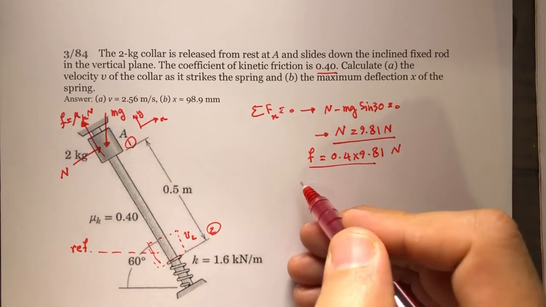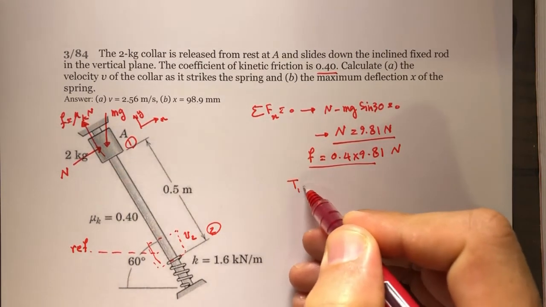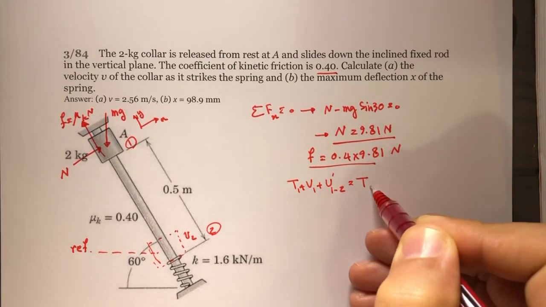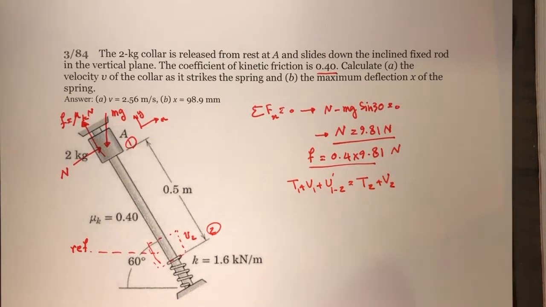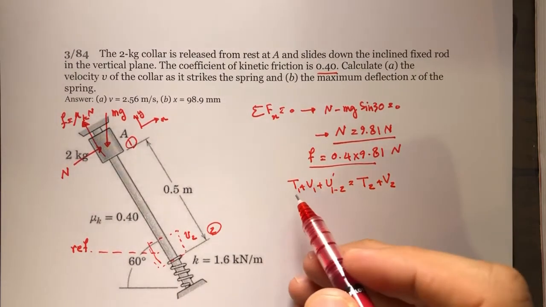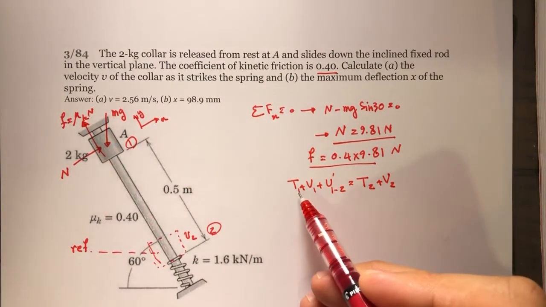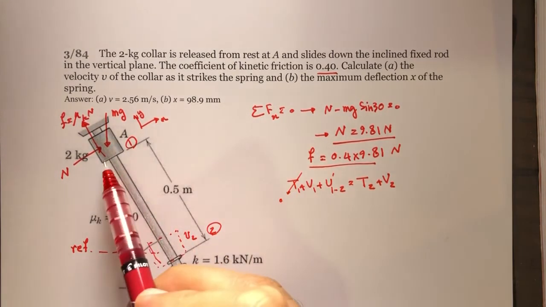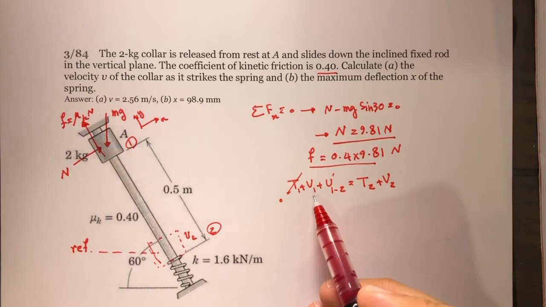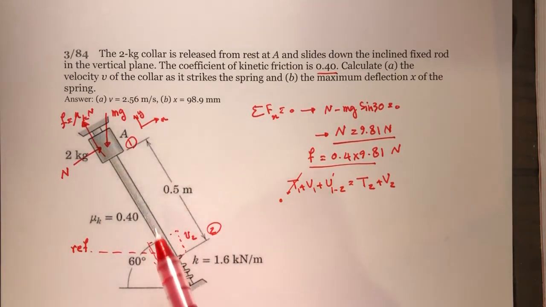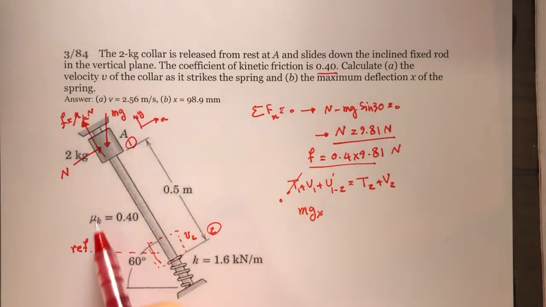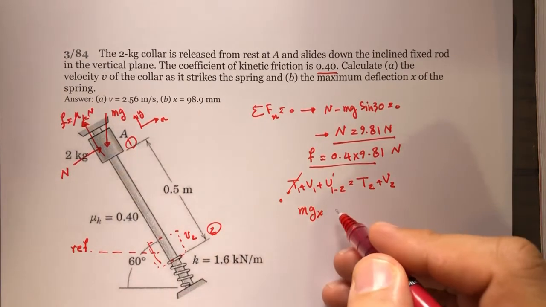The work energy equation is T1 plus V1 plus U prime from 1 to 2 equals T2 plus V2. At the beginning, there is no velocity, so there is no kinetic energy. T1 is equal to 0. And V1 is the gravitational potential energy, which is mgh. So it's going to be mg, and h, the height from here to here, is 0.5 times sine of 60.